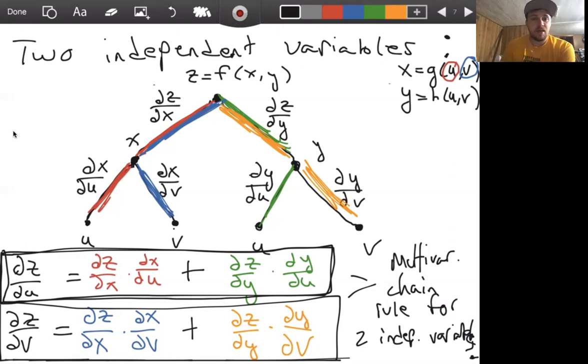We can keep doing this. Like, what if our function f was a function of 3 variables, and then x and y were functions of 5 variables or something, for an arbitrary number of independent variables, right? So there is a generalized chain rule here.